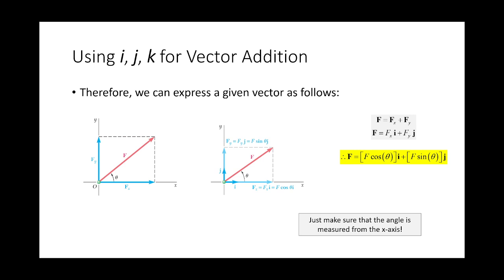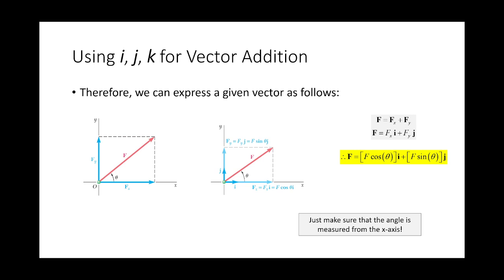Because that's what the i and j vectors really are, just a mathematical representation of only direction, because their magnitude is 1. So in terms of the math, it's just F times the cosine for the x-axis component and F times the sine for the y-axis component. And I'm just using the basic definition of trig functions to do that. Just make sure that if you're going to blindly utilize this formula, the angle is measured from the x-axis.